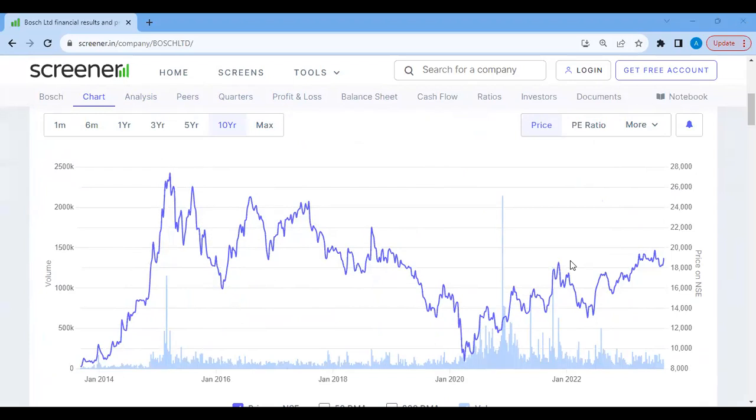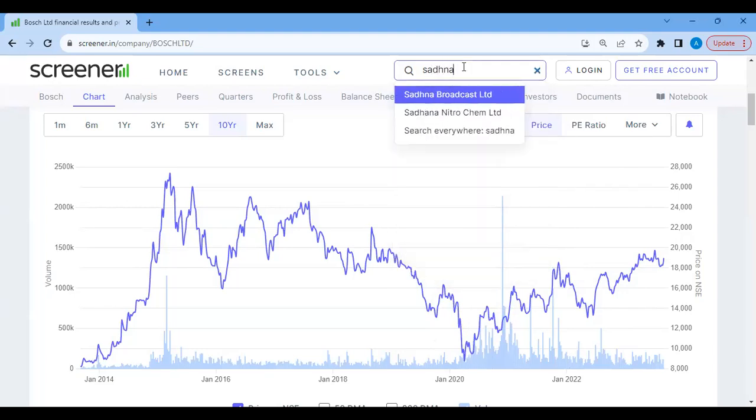So if the profit is not increasing, the price will not increase. Therefore, in the last 10 years, the price has not increased, but the company has done well in the last 3 years. So post-COVID, the price has definitely increased, right? So therefore, what is important is that we must invest in companies which are increasing their profits, right? We must invest in companies which are increasing their profits.